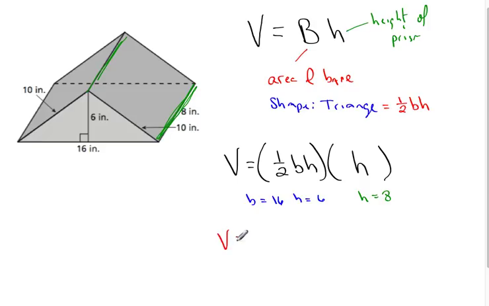Plug in, volume equals 1/2 times base times height of the triangle times height of the prism. So this here in yellow represents the height of the area of the base, and then this here highlighted in blue is the height of the prism.